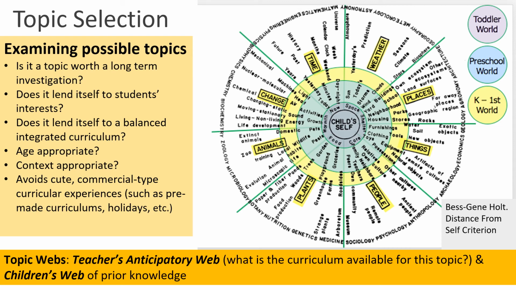So for example, I want you to find the center of that wheel, child's self, and go to the right towards things. When you go towards things, you're going to see possessions. So cars, we would say, are a possession of some families. Some families have cars, some families have bicycles, some families use bus transportation, etc.